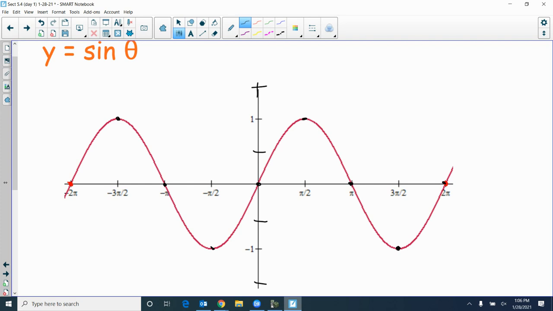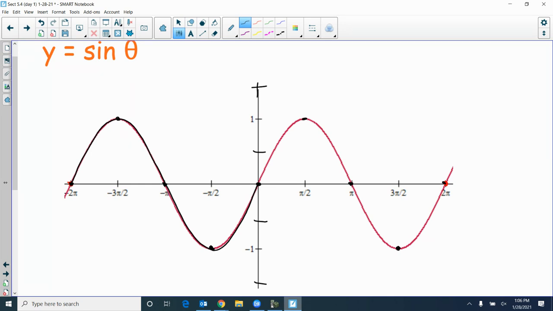And so it always starts at 0 and goes up to 1, and then back to 0, and then down to -1 and then to 0. Now make sure you draw it as a curve. You can see it clearly on here. Don't make it like straight lines connected. There are no straight lines there.